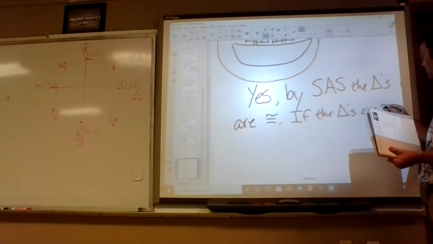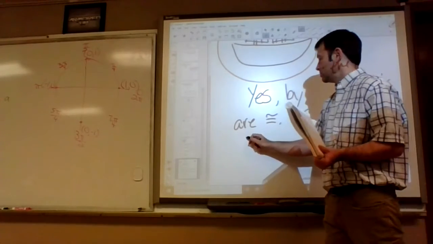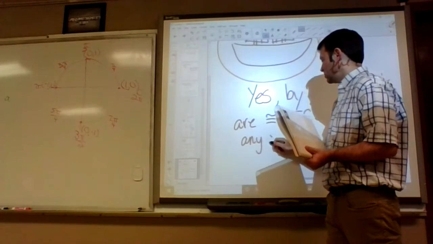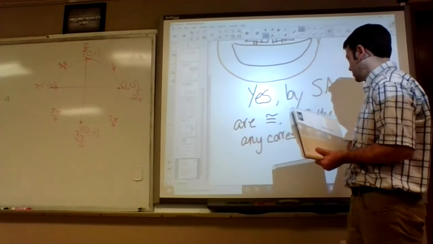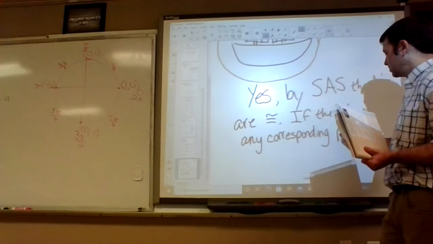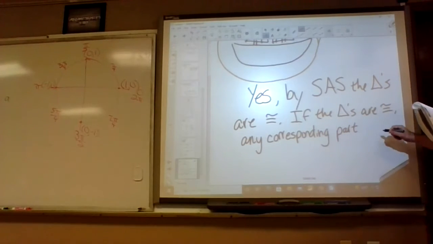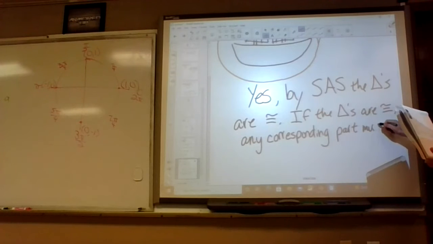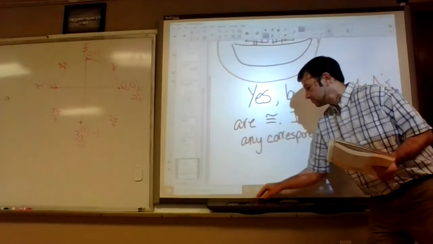And then if the triangles are congruent, any corresponding part, in this case the third side of the triangle, must be congruent.